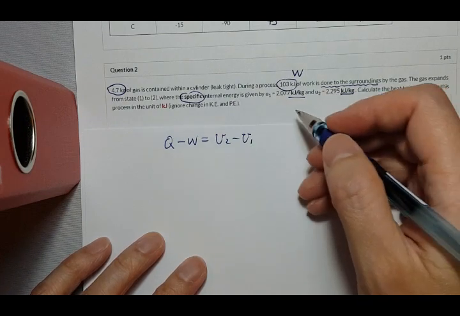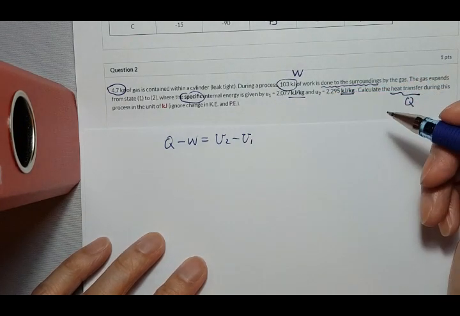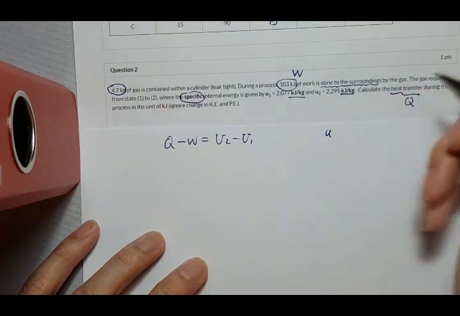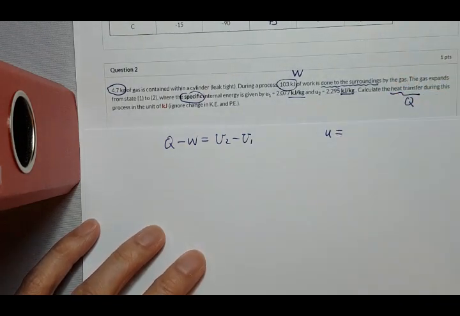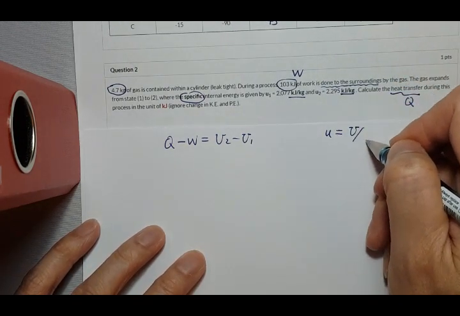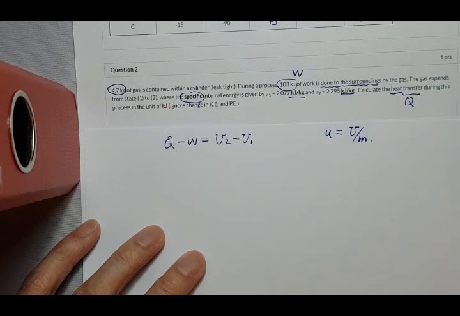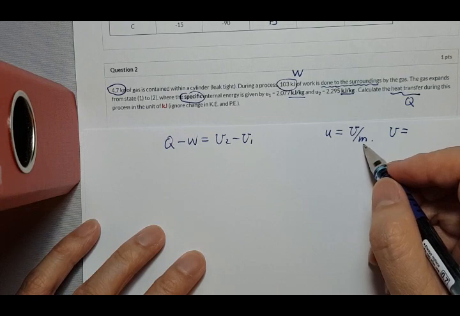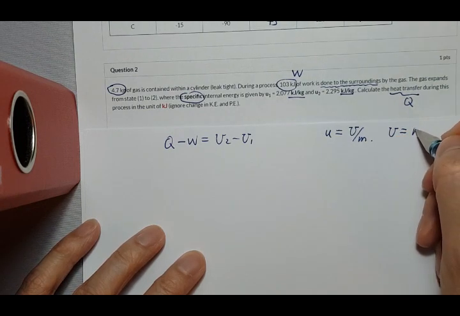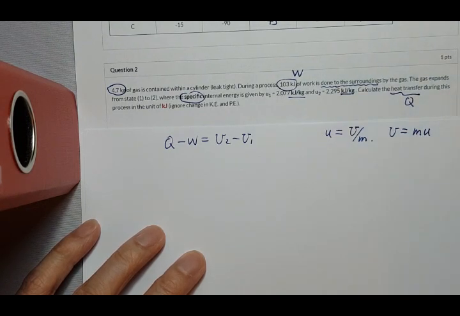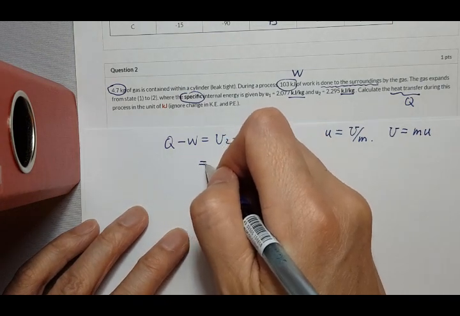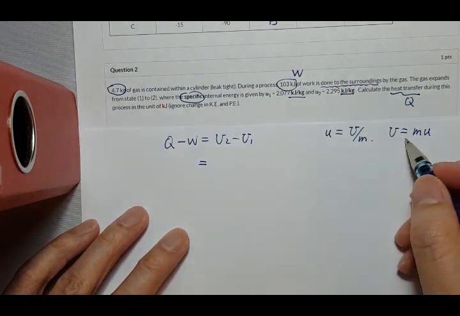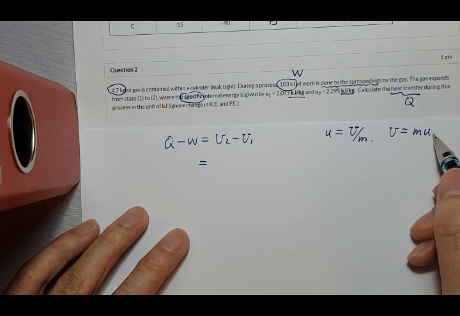Okay, and this has been given as specific values. We know that any specific value like u is defined by the capital U divided by M. So that you can also write as, you move M over there, so that's M times u. So here you can write U2 is equal to M times u2.